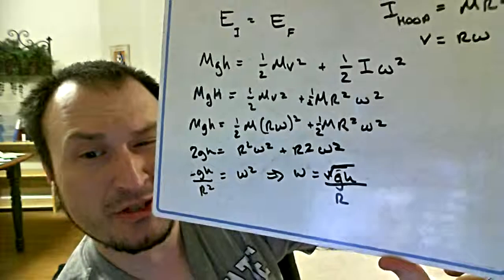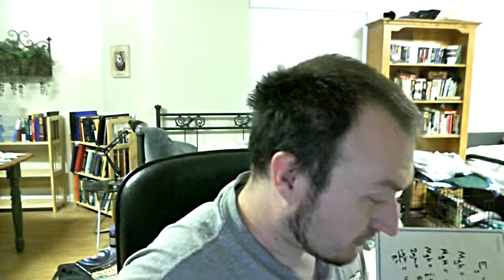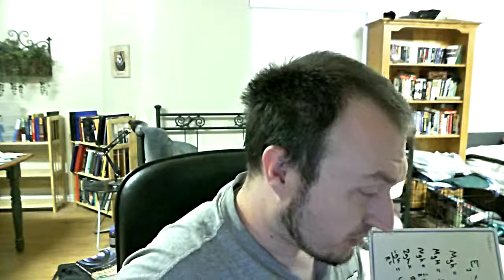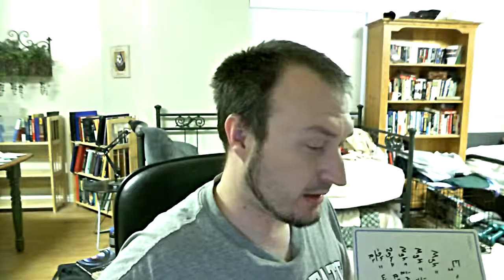Square root of gh over r, and then I look at the answers and I say, oh no, my answer isn't there. And then of course I remember back to the actual problem. Always important to think, what are you trying to get to at the end? Like I said, flipping between the text of the problem, the diagram, and the answers is important.